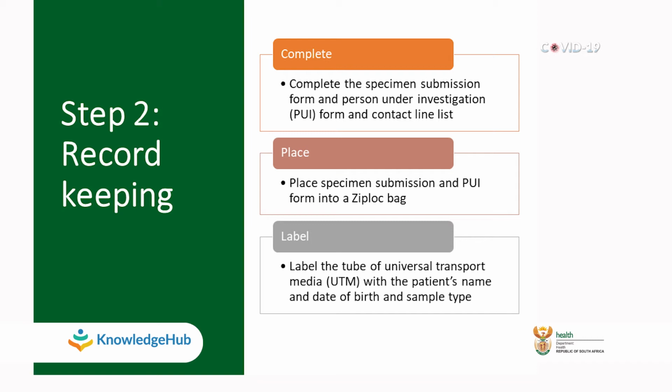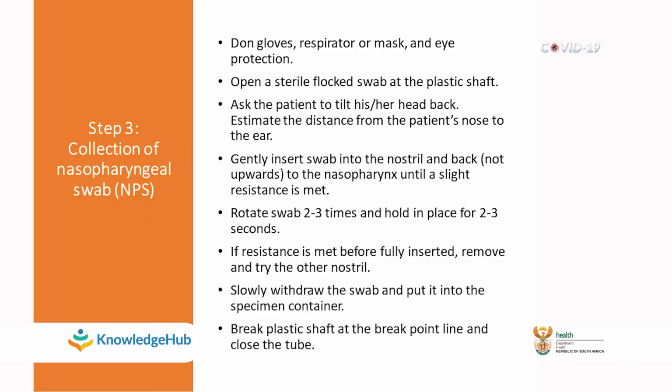The epidemiology is very important. We must allocate everyone to the place where they live. It is important for epidemiology. So record keeping is critical. Complete that form properly once you have all your equipment, and then you can collect your sample.